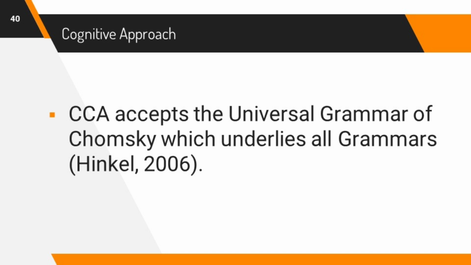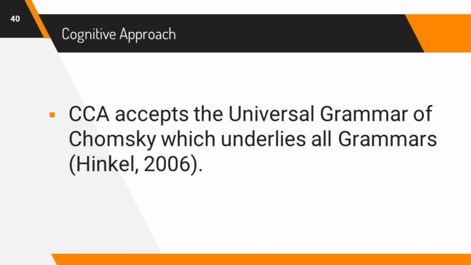CCA came to the fore when Chomsky launched a severe attack on the behaviorist learning approach in 1957. Behaviorism and structuralism were rejected by Chomsky's theory of language in 1965, which refutes the learning theories of behaviorism.